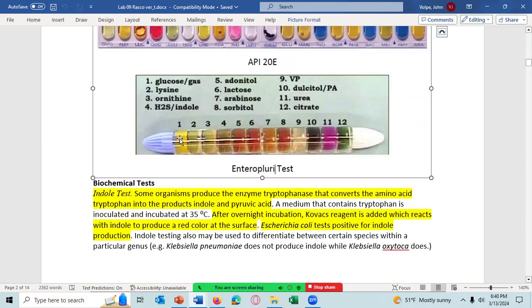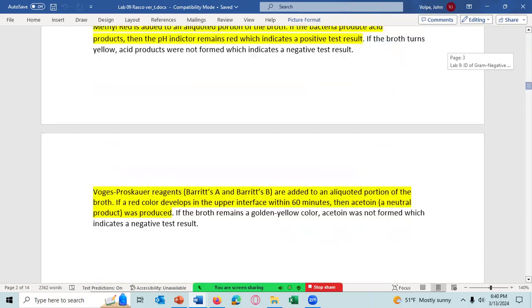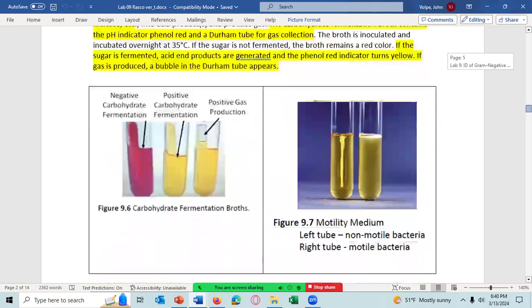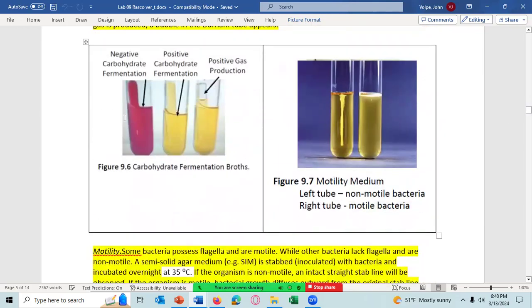Acid is just yellow. So I shouldn't call it positive; I should call it either acid or acid gas. Negative would be pink. Negative, positive, positive with an air bubble, meaning acid and acid gas.